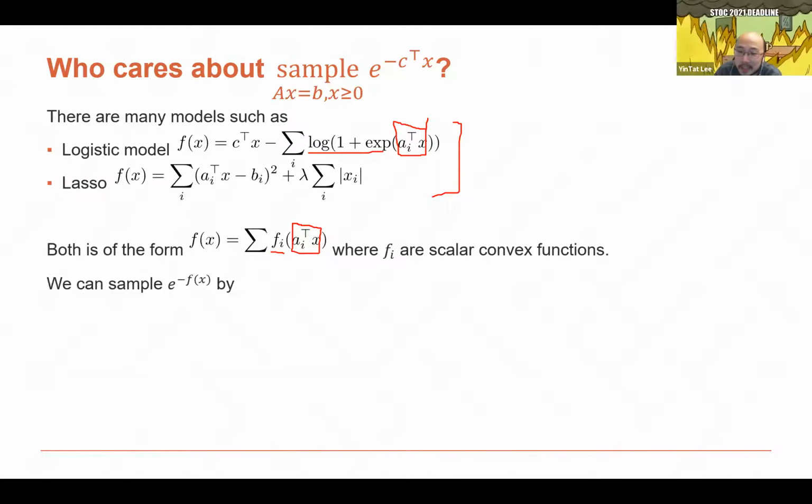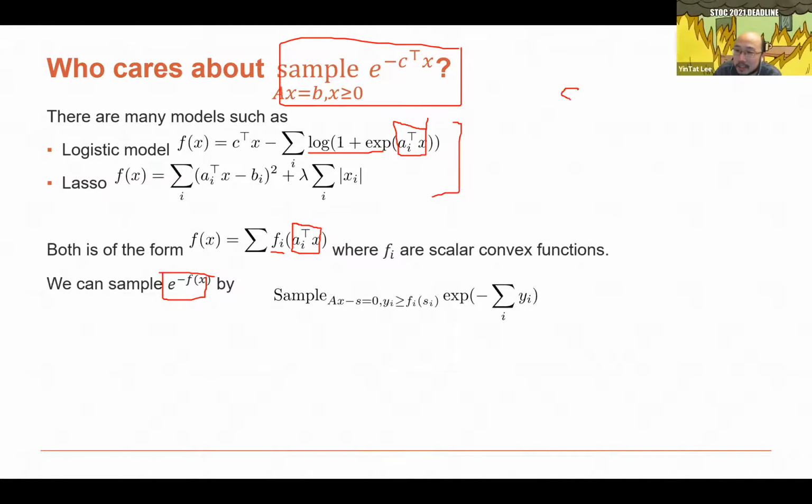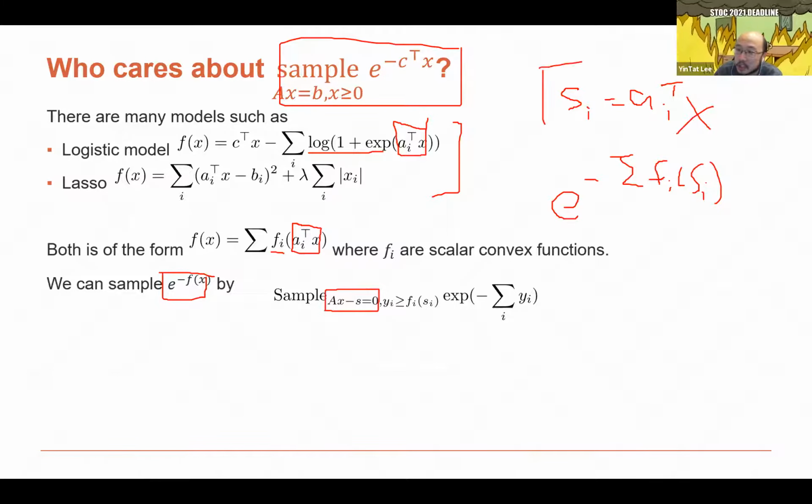But how do you formulate this problem into this linear program form? Do you see it? Turns out what you can do is set Si equal to AI transpose X. If you do this, then you can write it in linear matrix form, AX equals S. Then now our goal is to sample from e to negative sum of Fi(Si), subject to this constraint.